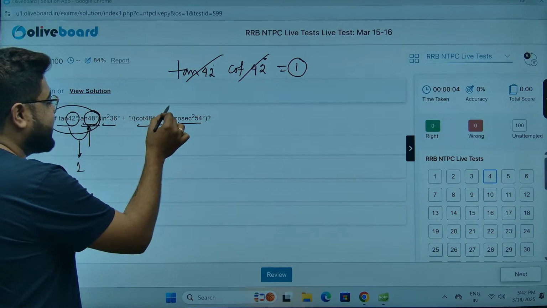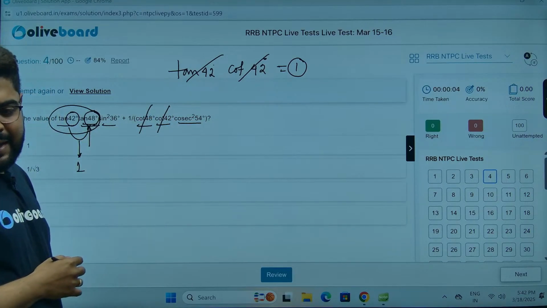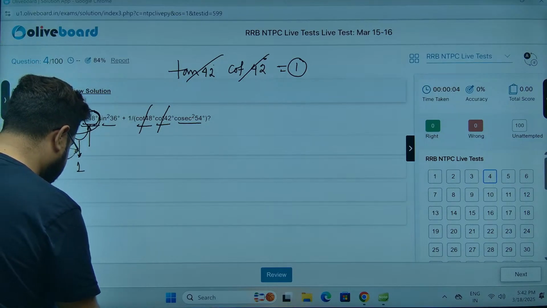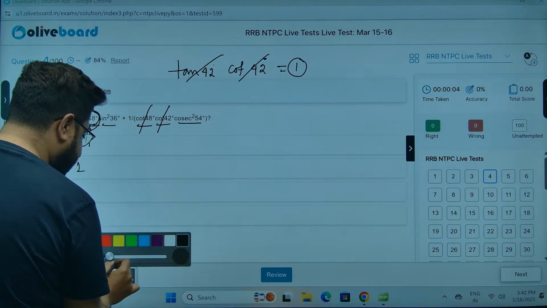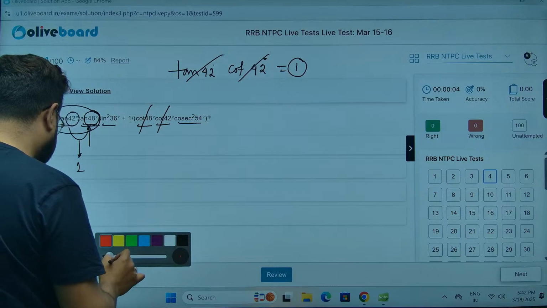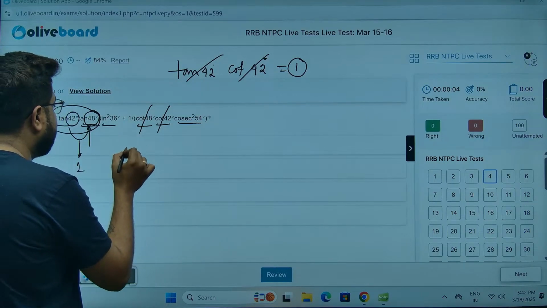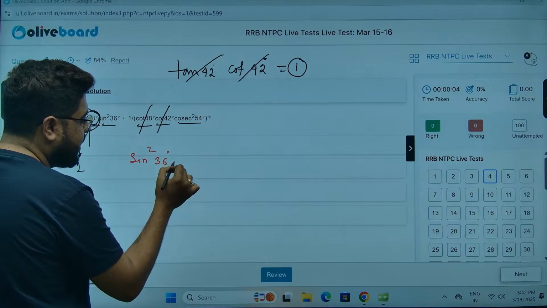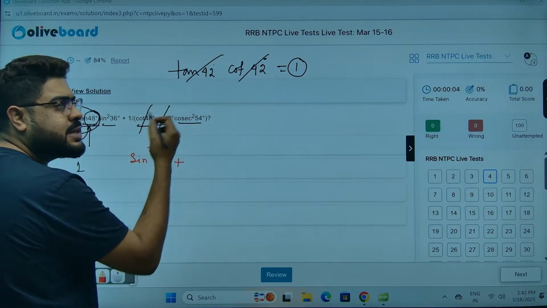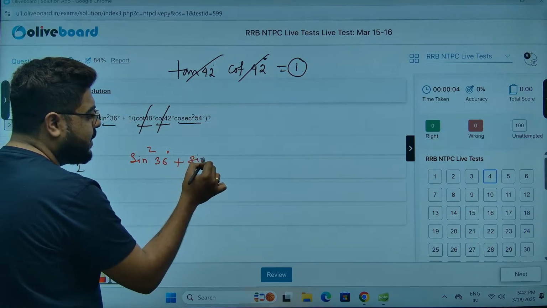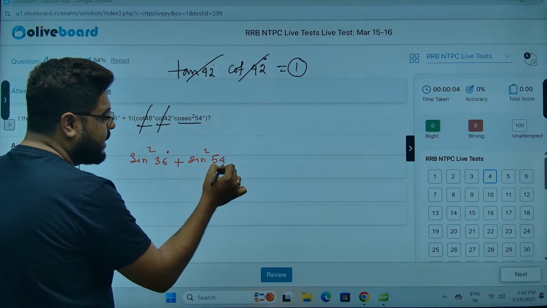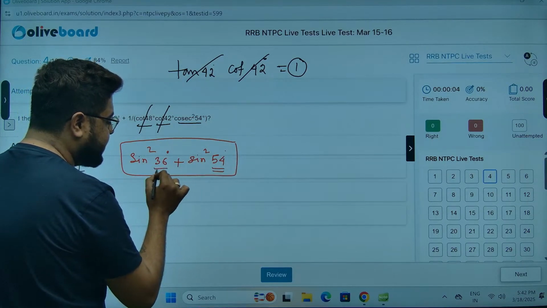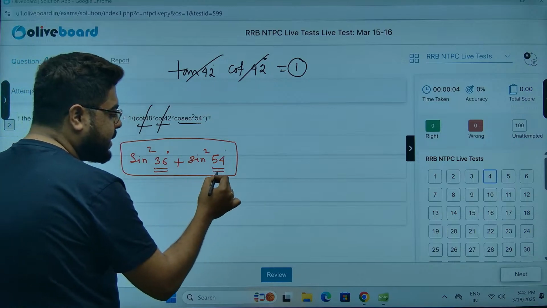Similar logic, sir, this will also become 1. So ultimately, what will I have? I will have sine square 36 degree plus 1 by cosec square 54 degree, meaning sine square 54 degree. Again, the same thing: 54 plus 36 is 90, so one thing will become cos.